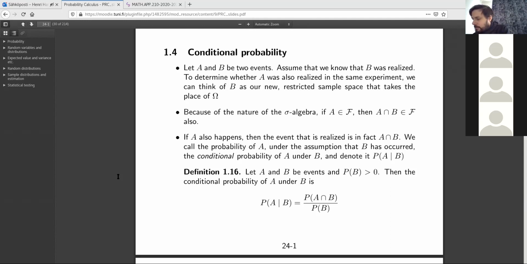And let's say that here is B, and here is A. We observe that B happened, so we know that we are somewhere in this circle. Now the question is, what is the probability that A also happened?